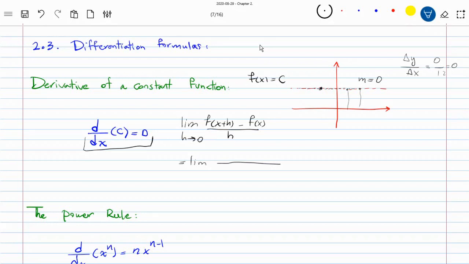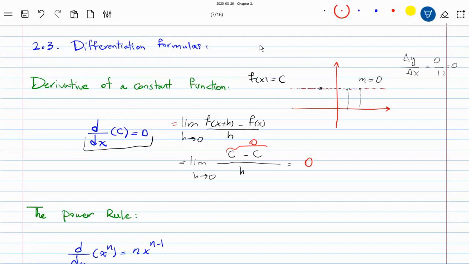In the function f, every time I see x, I replace it with x plus h. But the function f is a constant. It doesn't depend on x at all. So f of x plus h is still going to be that constant, minus f of x, which is still c, divided by h as h approaches 0. The numerator is 0, so 0 divided by h is simply 0.